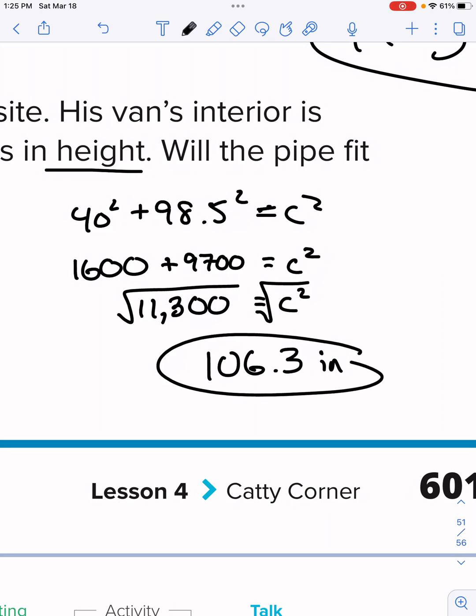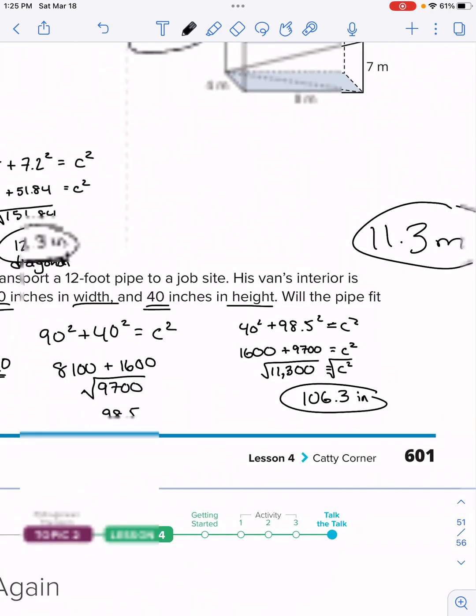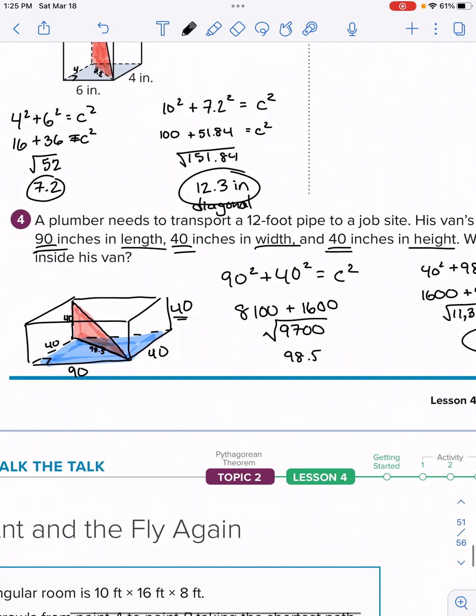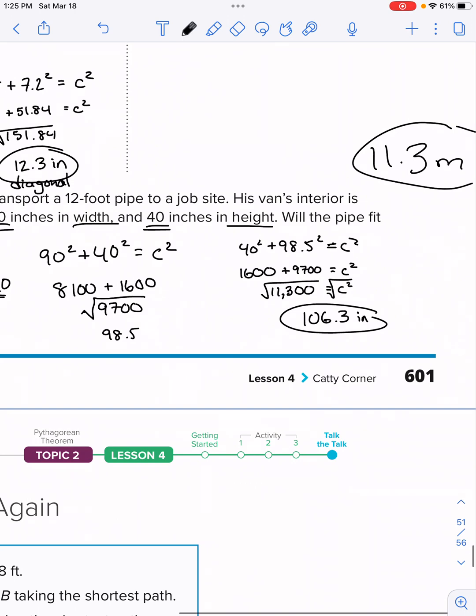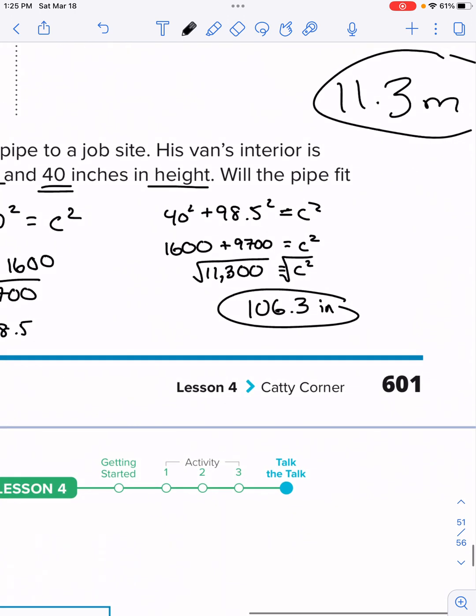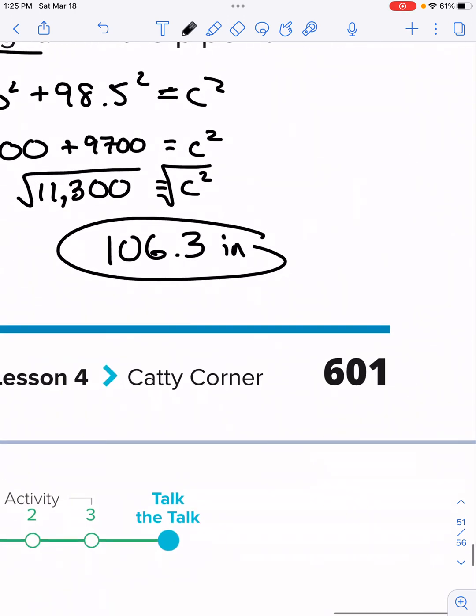But we have to be careful with this because the problem itself said it's a 12-foot pipe, right? So we're going to use our understanding here, right? We know that there's 12 inches in a foot. So 12 inches is equal to 1 foot.